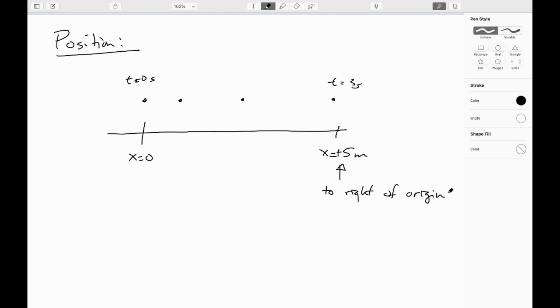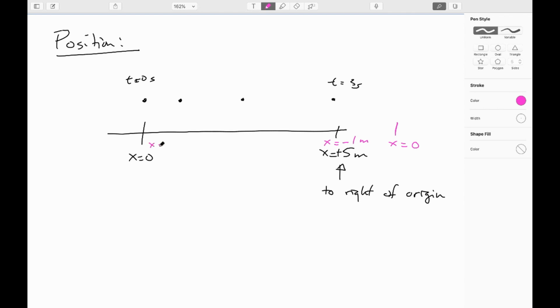Alrighty. But we didn't have to make that choice. Some other person could totally choose to make a different choice. So let's say the pink person here might decide that this is their x equals 0 in pink land. Then this final position here would be x equals negative 1 meter.